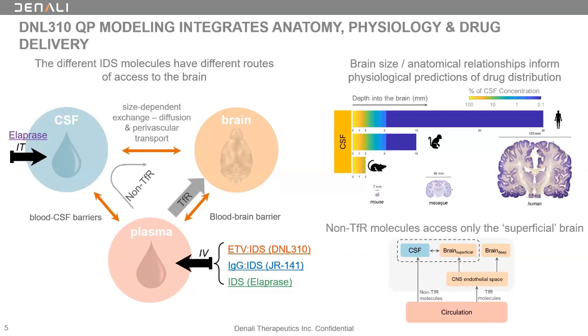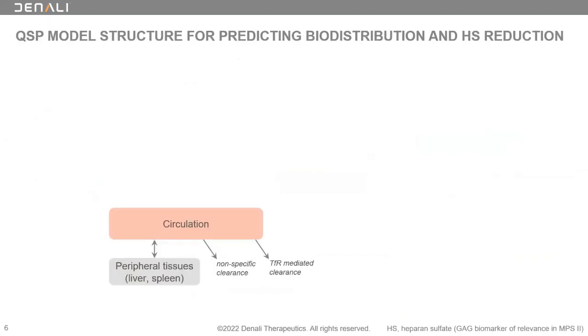So with this in mind, we started this modeling effort where we have representation in systemic circulation, and we have typical mechanisms of clearance and distribution for these molecules in the peripheral tissues. What we have represented is IV administration of the three molecules that I've talked about.